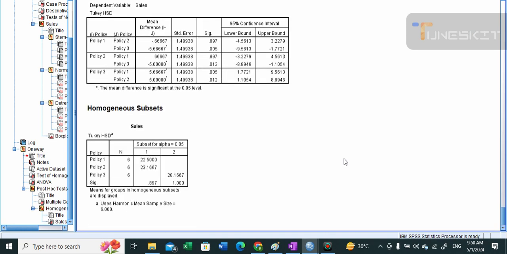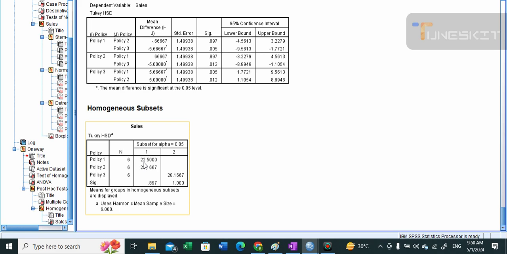So furthermore, if we look at this homogeneous subset table generated on the basis of Tukey HSD again, we can see that the two policies for which we have not found significant differences between the mean values are located in the same column.